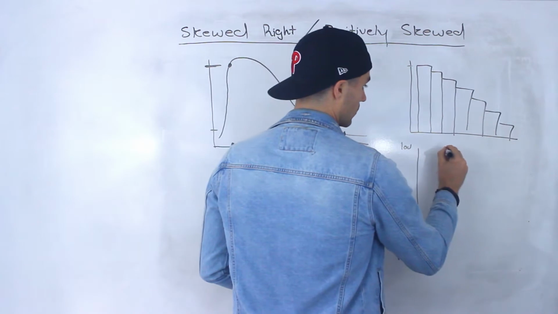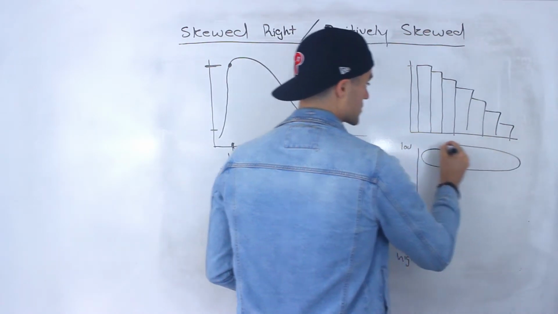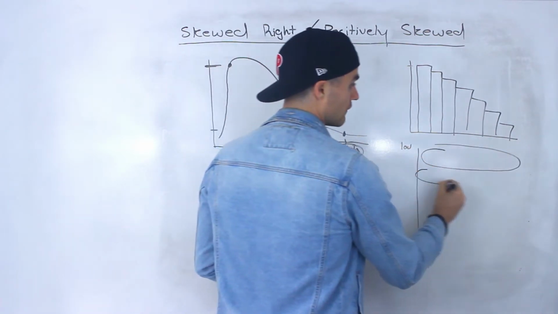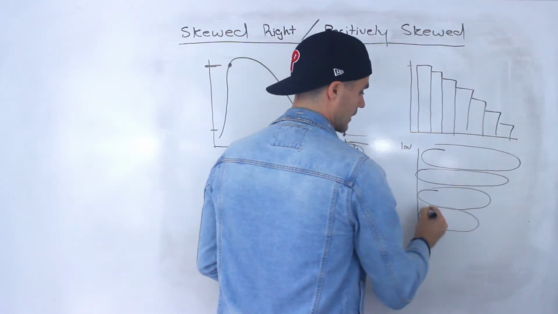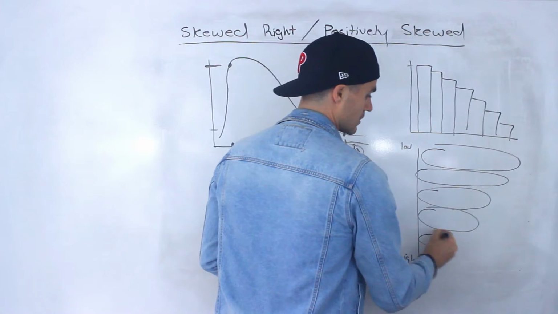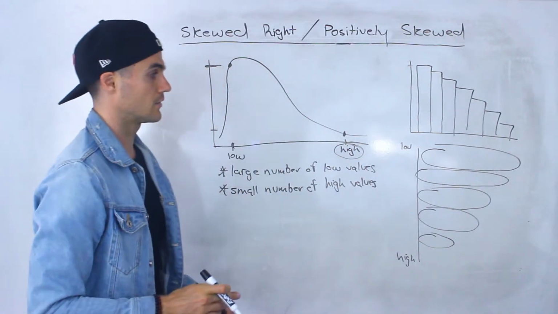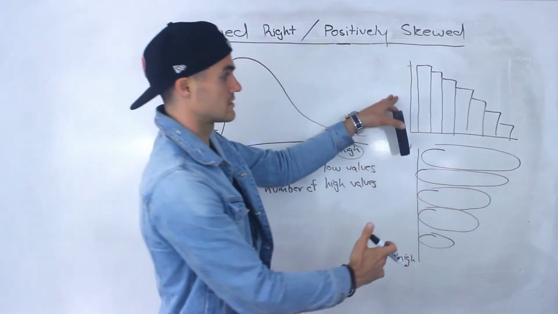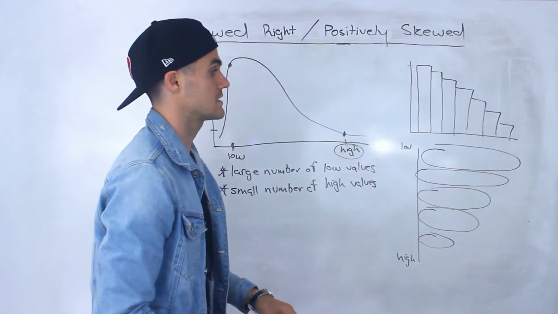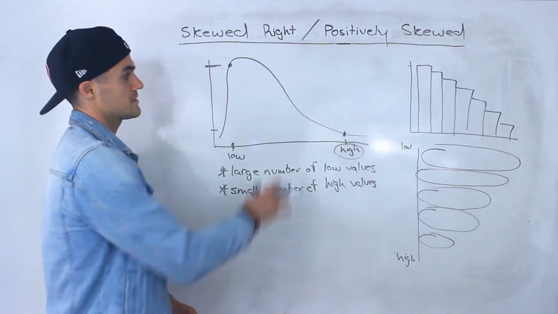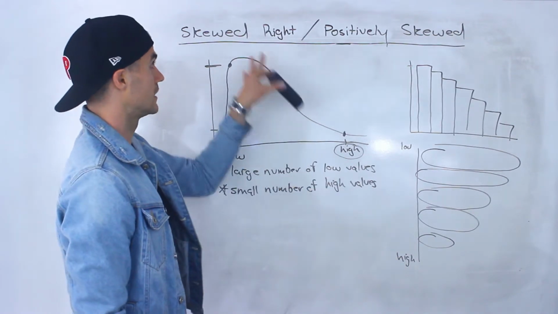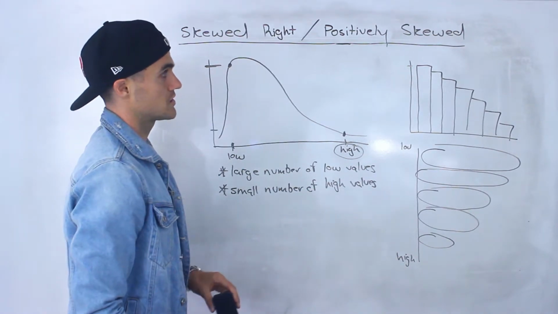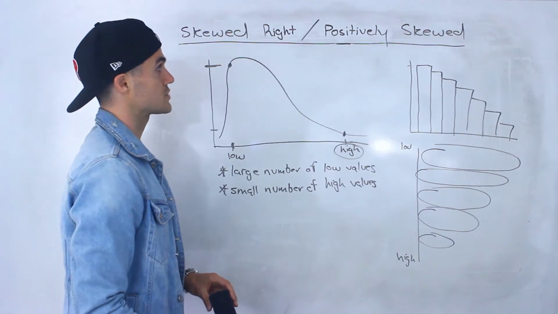And so there's going to be more observations for the lower values. And then as we get to the higher values, those observations are going to go down. Notice if we rotate this, we get that same shape as the histogram. Right? So density curve, histogram, stem leaf plot, that's how they look if that distribution is positively skewed or skewed to the right.